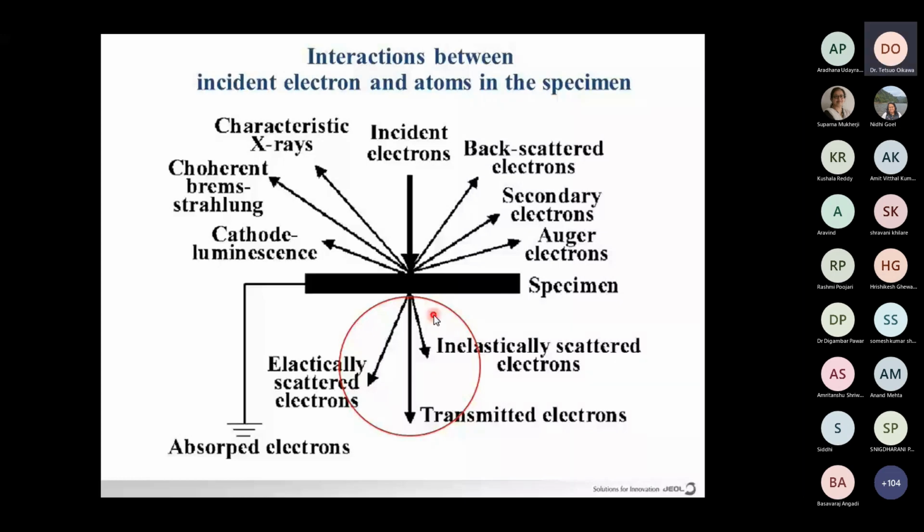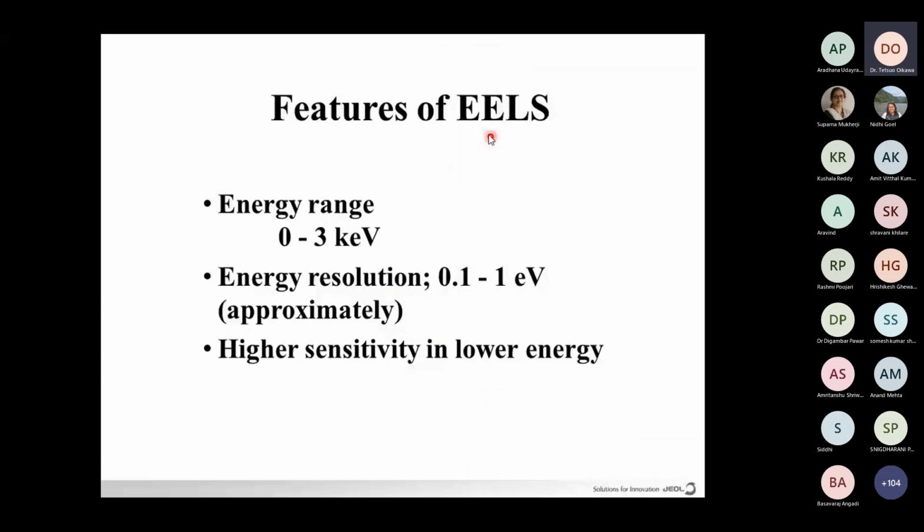The features of EELS are an energy range for analysis of about 0.3 keV and an energy resolution of 0.1 to 1 eV. The resolution is very high, and we can observe the chemical bonding state. This technique also has higher sensitivity for light elements.